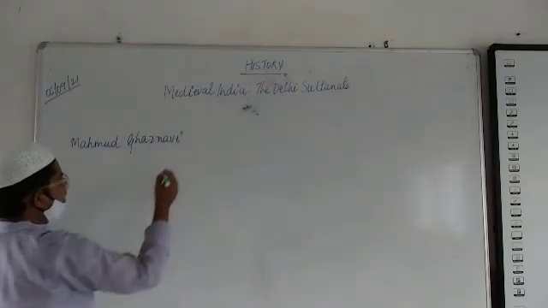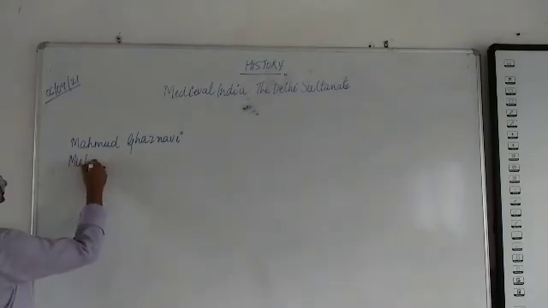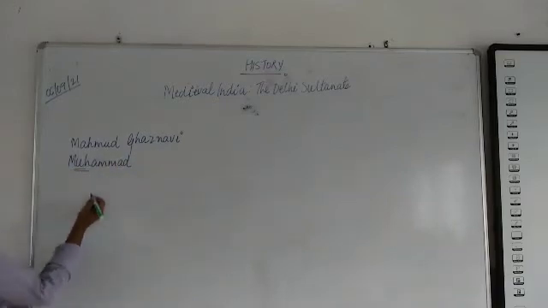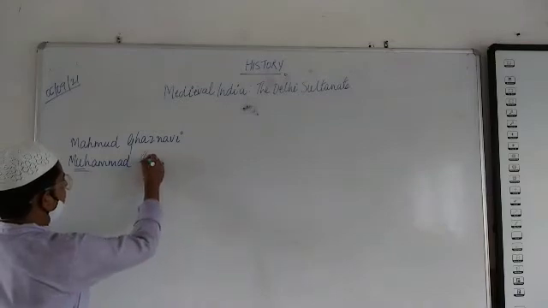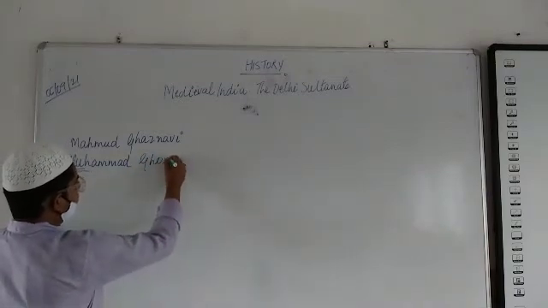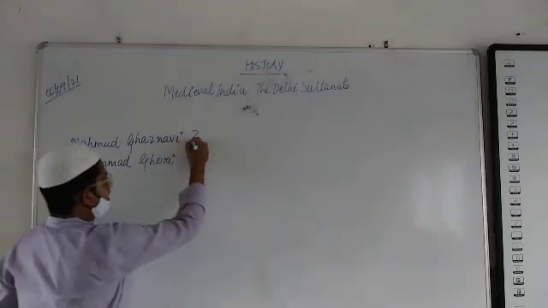See, the real spelling of Muhammad is this, not M-O. Unfortunately, I also have the wrong spelling in my name. It is Muhammad. Muhammad Ghori invaded India and succeeded in establishing a Muslim empire in India.